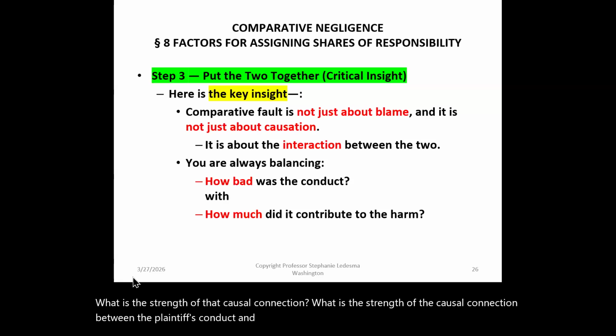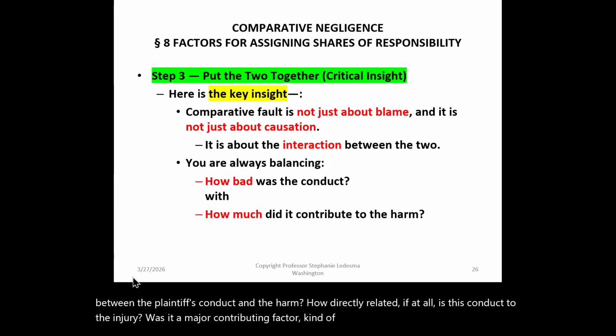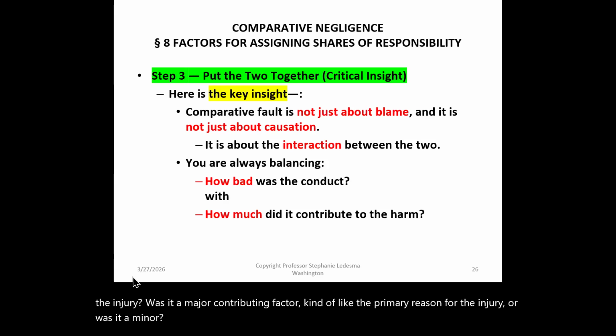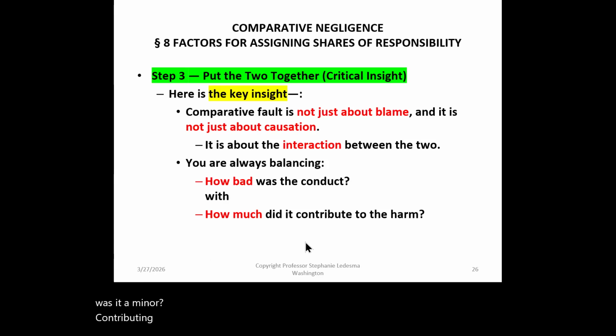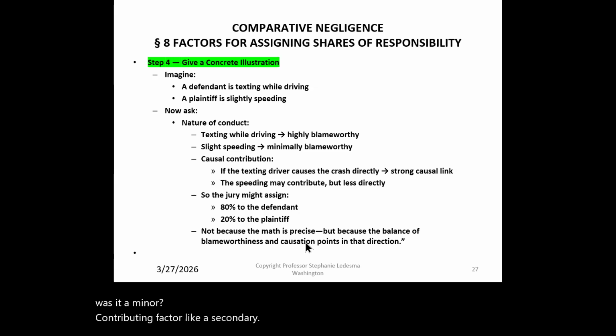How directly related, if at all, is this conduct to the injury? Was it a major contributing factor, kind of like the primary reason for the injury, or was it a minor contributing factor, like a secondary part of the injury, right?